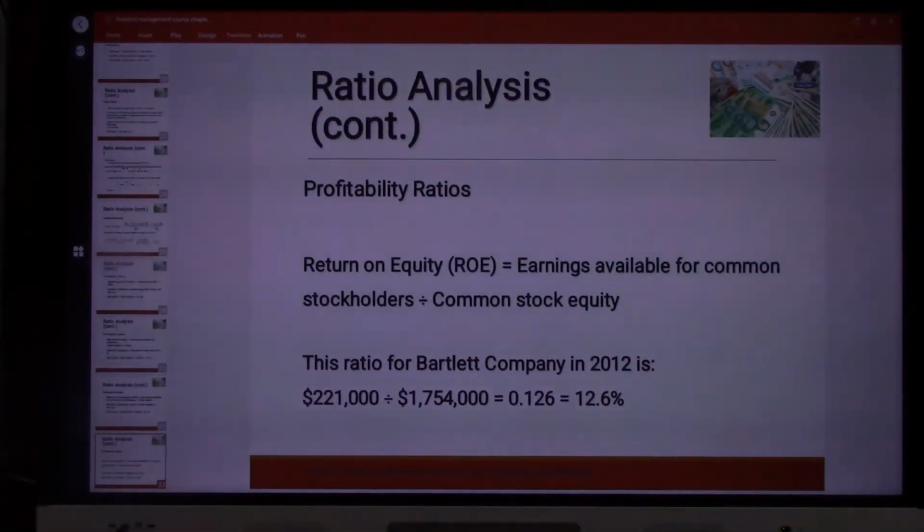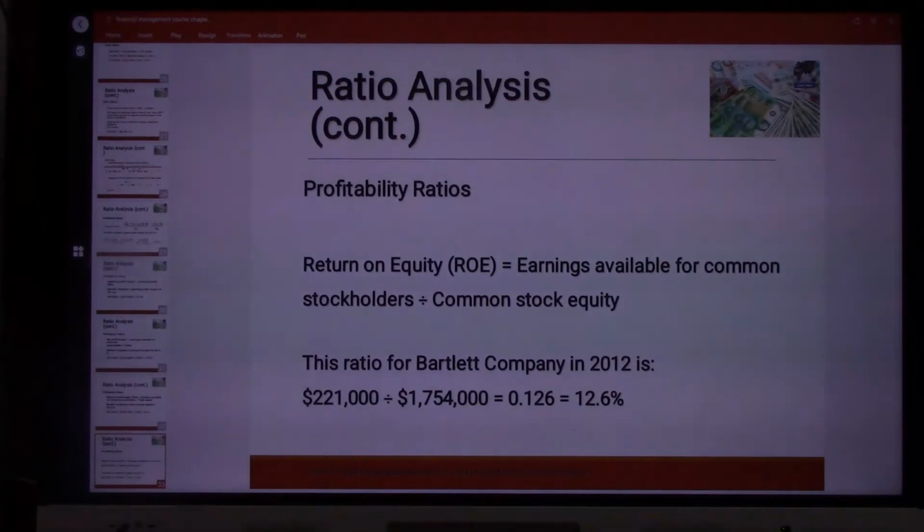Another important ratio is called return on equity, ROE. ROE is equal to earnings available for common stockholders divided by common stock equity. In our data, we will find that the return on equity equals 12.6%. What does it mean?